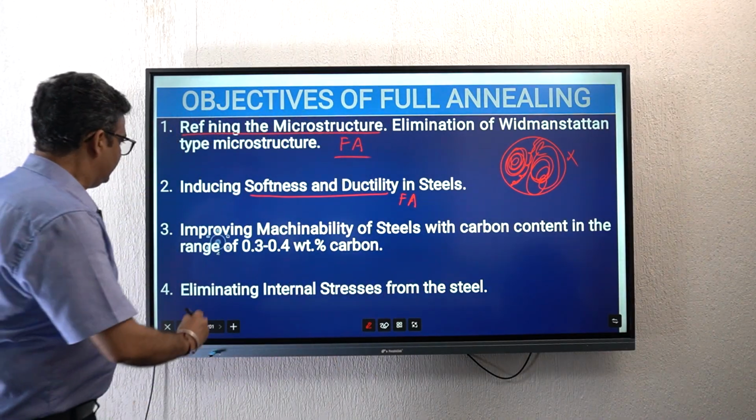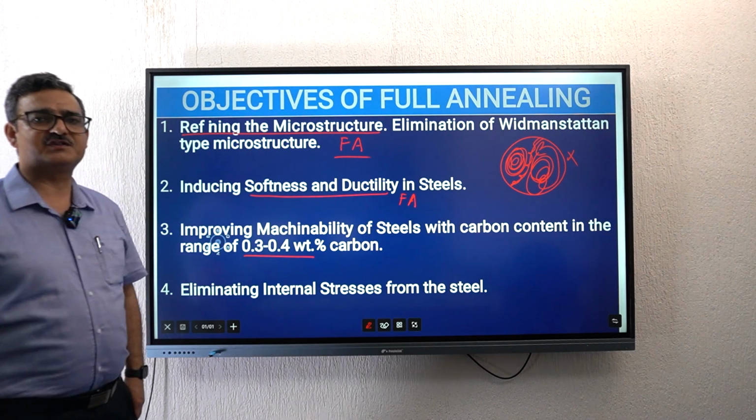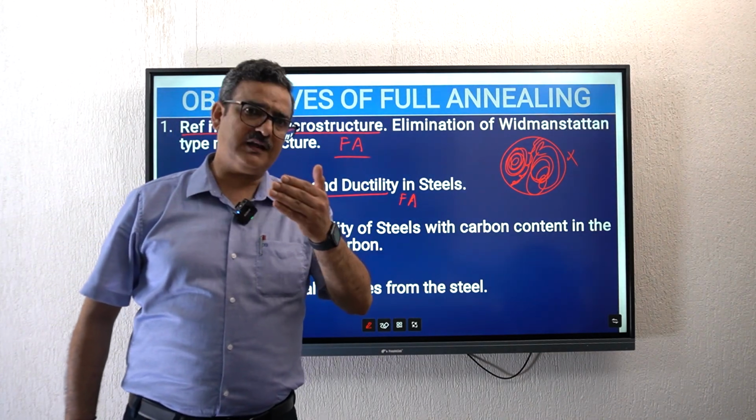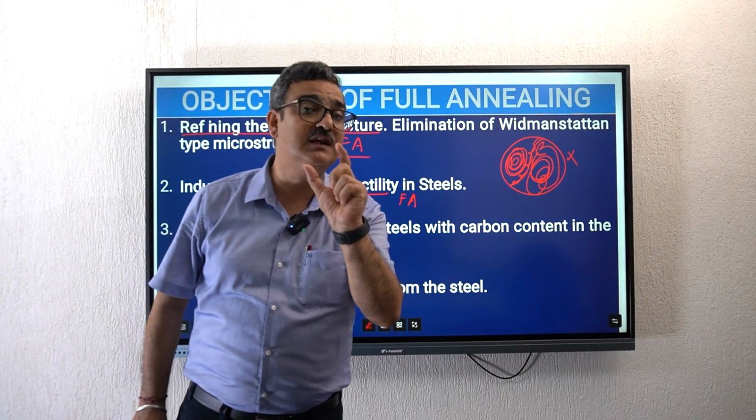Then students, this composition steels, 0.3 to 0.4% carbon steels, are slightly harder, कि इनकी हार्डनेस थोड़ी सी ज्यादा है, जिसकी वजह से इनकी मशीनेबिलिटी अच्छी नहीं रह जाती.